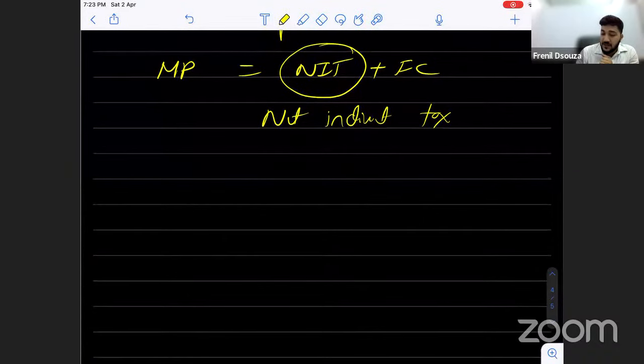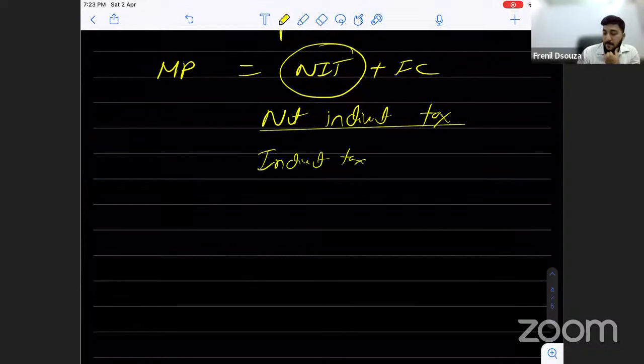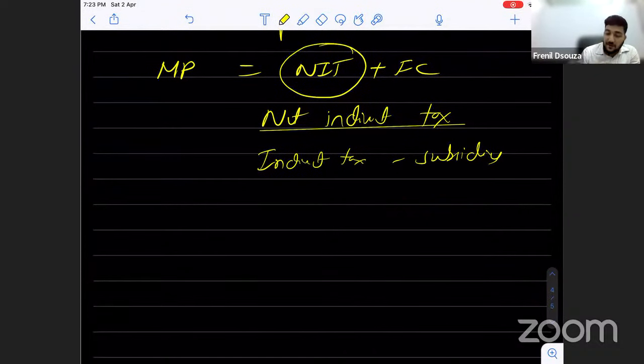Now, the question comes, what is net indirect tax? Net indirect tax is nothing but indirect tax minus the subsidy, right? When you do indirect tax minus subsidies, you get net indirect tax, and you add it to the factor cost, you will get market price.